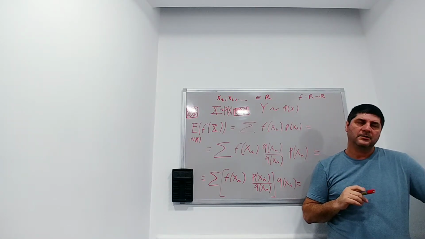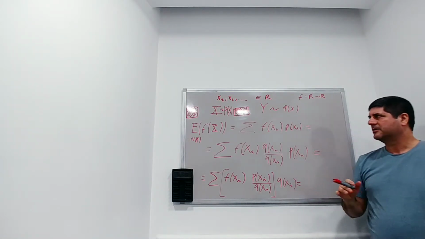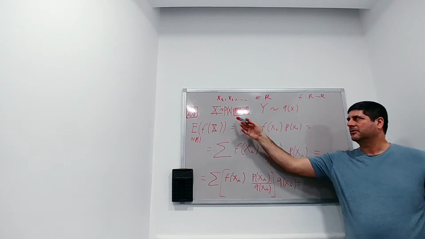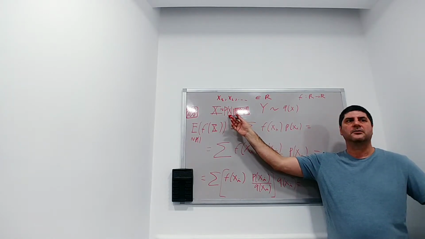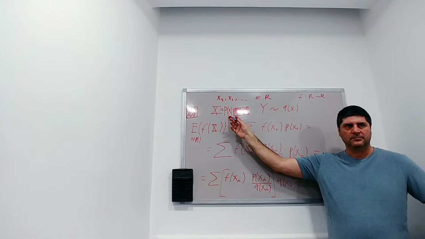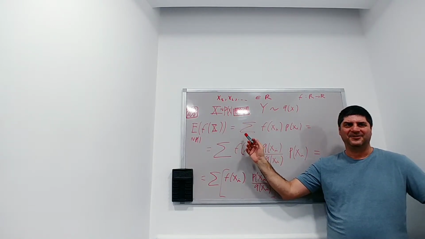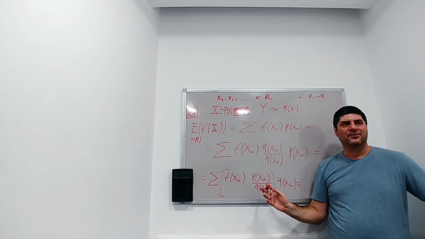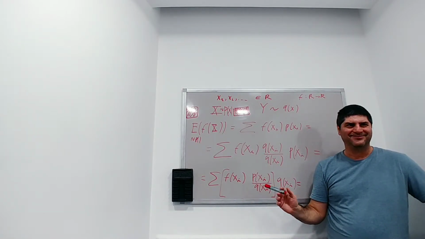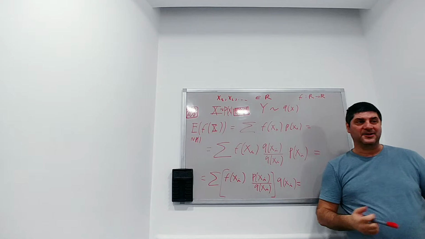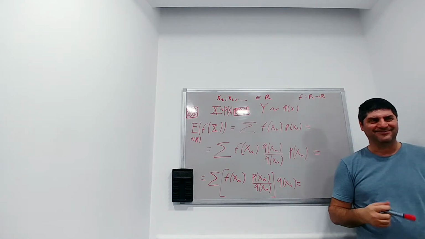As an exercise, think about the continuous case where this is a density function and these are integrals, and try to see if you can get to the same calculation. It's an easy exercise, just try it.